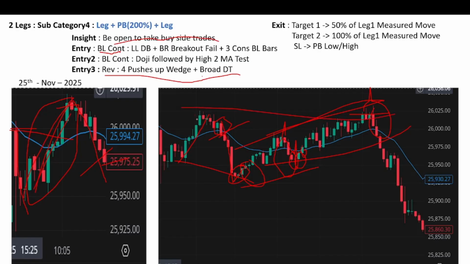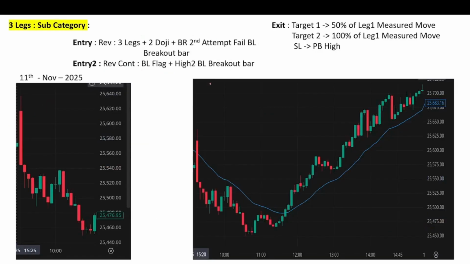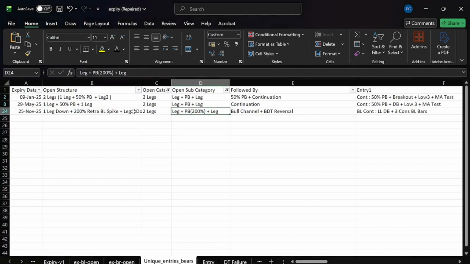The broad double top which is made with the previous swing, and 4 pushes up, which is making a wedge, and you can enter a reversal and reversal trade here, and that will give you your zero to hero trade. So that's all about the 2-legged category.